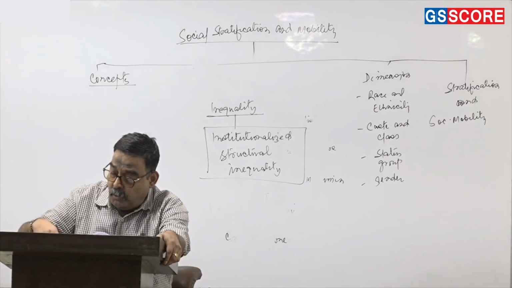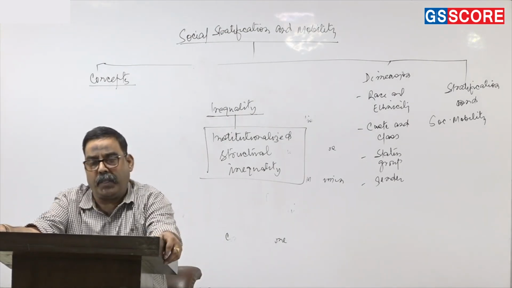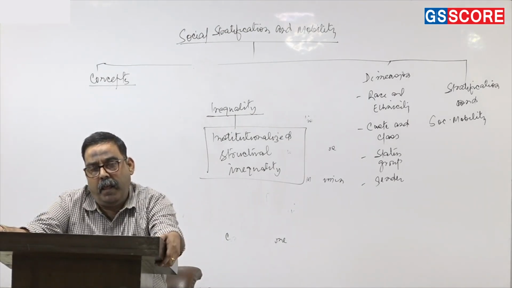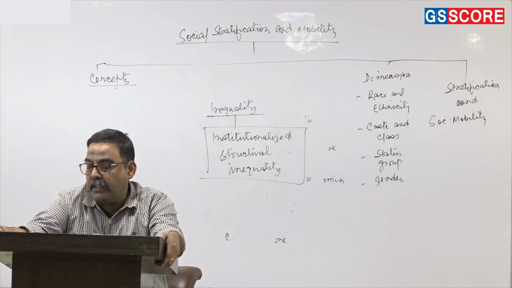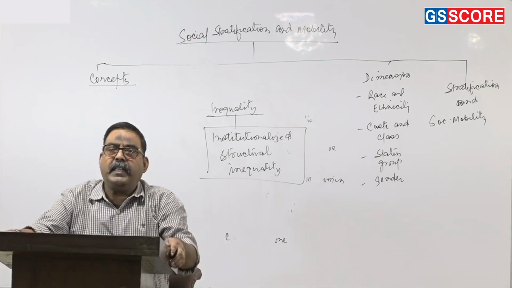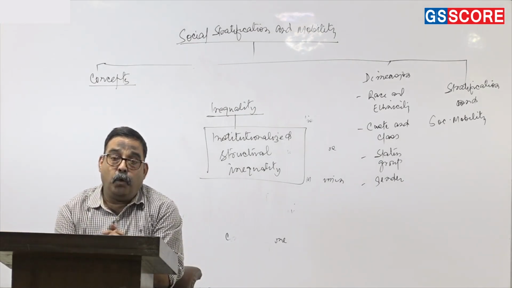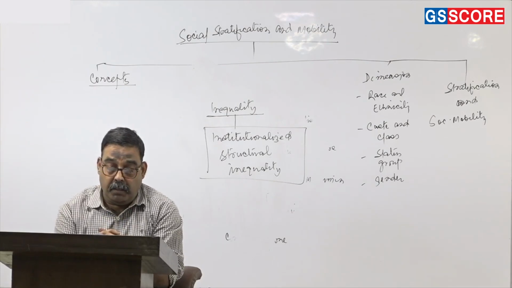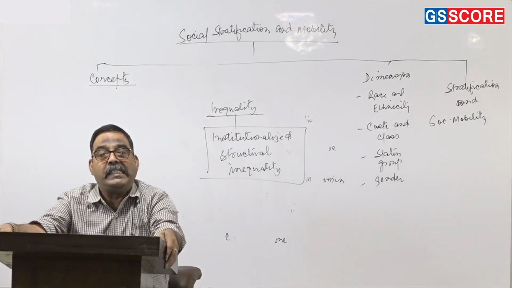Particularly in certain writings on the hunting and gathering society, the forest society, and more precisely in the writings of anthropologists concerned with the study of simpler societies, they have depicted hunting and gathering society where socio-economic roles are not differentiated.